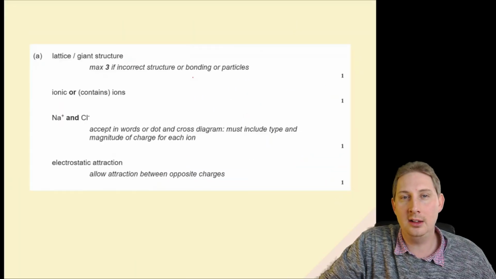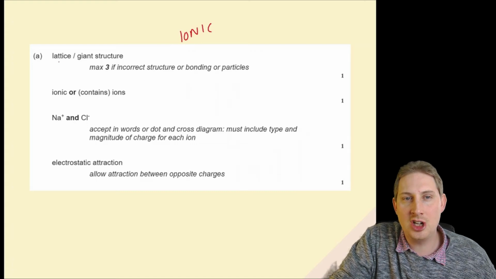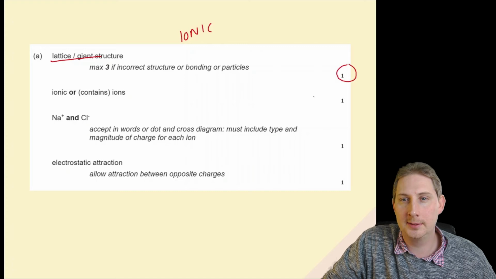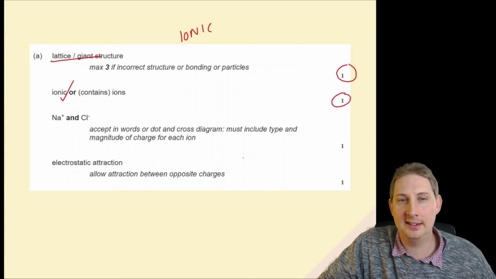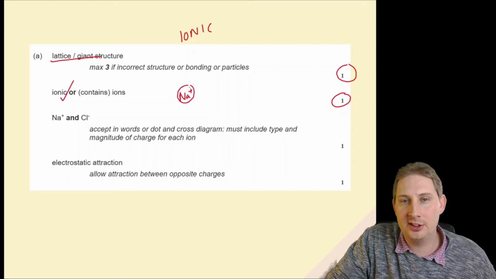Right, well, sodium chloride is obviously ionic, so it is a giant lattice for 1 mark. It is ionic, so 1 mark for talking about that. You have to describe how it contains sodium plus and chloride minus ions.